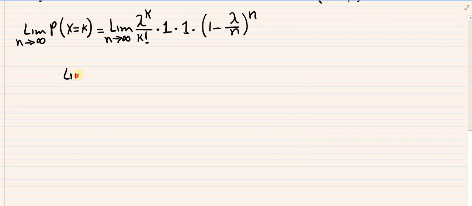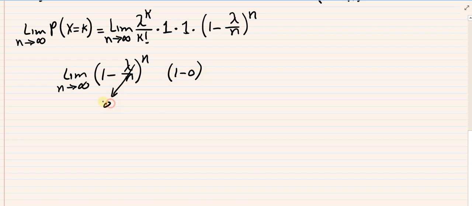I'm going to do the limit as n approaches infinity of 1 minus lambda over n to the n. Now, if you take a look at the form of the limit, lambda over n, in parentheses we get 1 minus 0. As n goes to infinity, that expression approaches 0. So we have 1 minus 0 to infinity. So in a limiting sense, that's 1 to infinity.